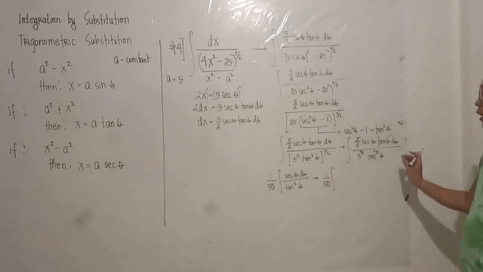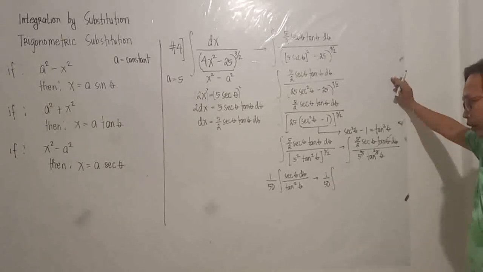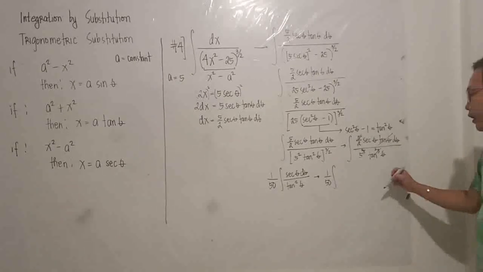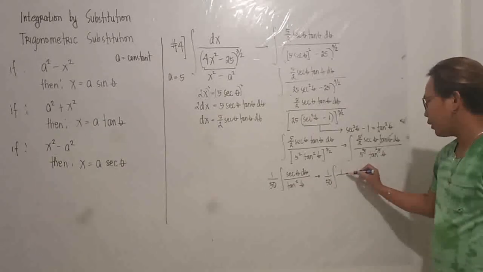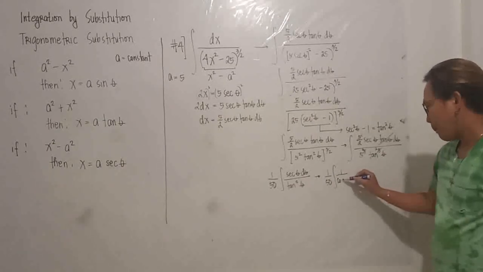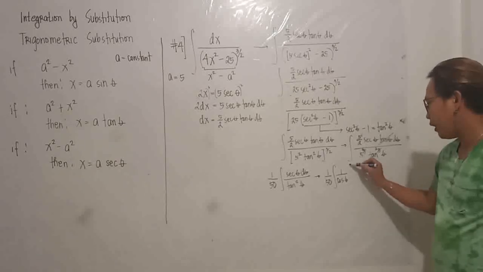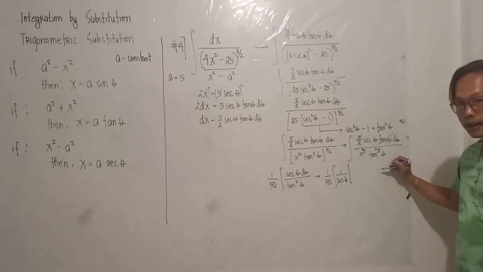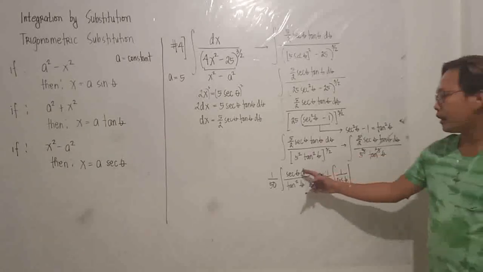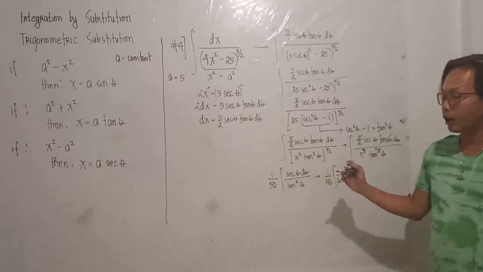Then the integral of secant theta is 1 over cosine theta. Then tangent theta is sine over cosine, but it is in the denominator, so this is equivalent to cotangent.